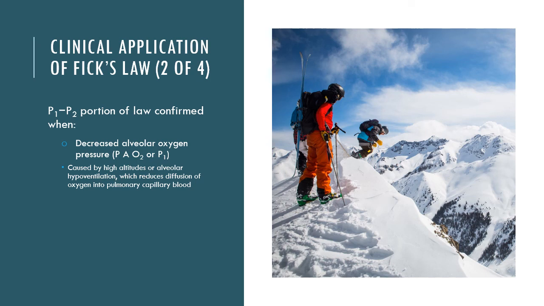The P1 minus P2 portion of the law is confirmed in that a decreased alveolar oxygen pressure, like P big A O2 or P1, caused by high altitudes or alveolar hyperventilation, reduces the diffusion of oxygen into the pulmonary capillary blood.